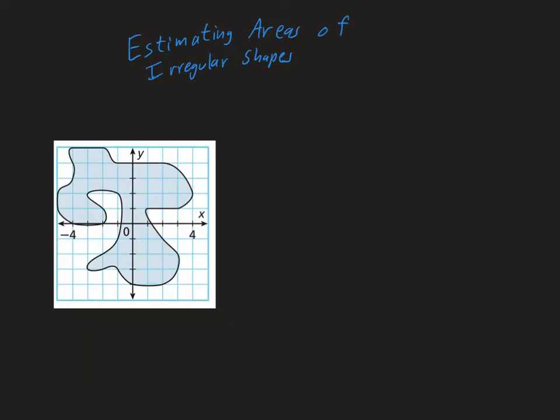So let's look at how to estimate areas of irregular shapes. There's a couple of ways of doing this. The first method is to divide your irregular shape into shapes that you are familiar with, which are shapes that you can easily calculate the area for. So usually that's going to be rectangles, triangles, and trapezoids. So I'm going to draw my shapes on here, and inside each of the shapes I'm going to write the area inside of it.